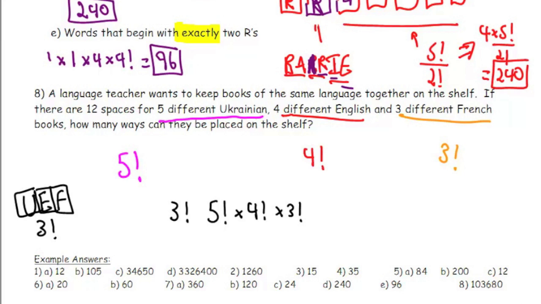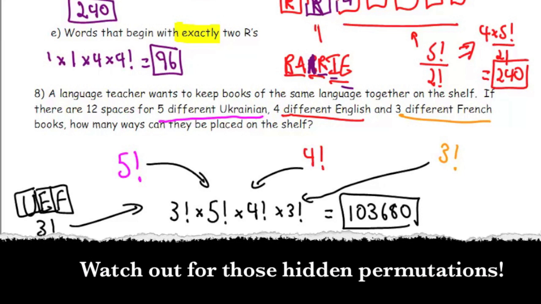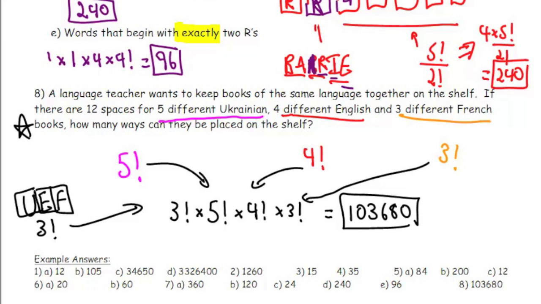And within each of those boxes there's a number of books. We still have different ways that we can arrange the languages themselves, which means there are 3 factorial ways of arranging these languages, meaning that included within our particular list is also this idea that there's 3 factorial ways of arranging the languages, and all of these different ways of arranging each book within the language, giving us a total number of permutations of a whopping 103,680.